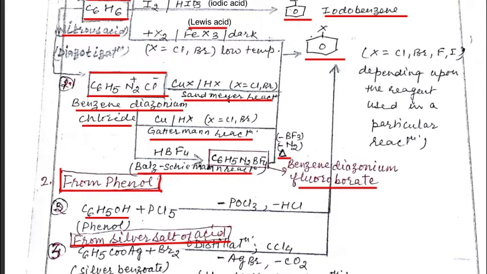When benzene diazonium chloride is treated with hydrofluoroboric acid, we get benzene diazonium fluoroborate, and this diazonium fluoroborate upon heating gives fluorobenzene C6H5F by the removal of boron trifluoride BF3 and nitrogen gas. This reaction is known as the Balz-Schiemann reaction.